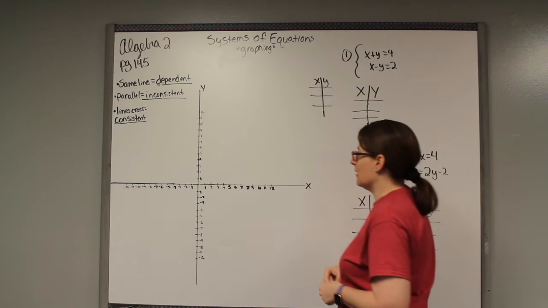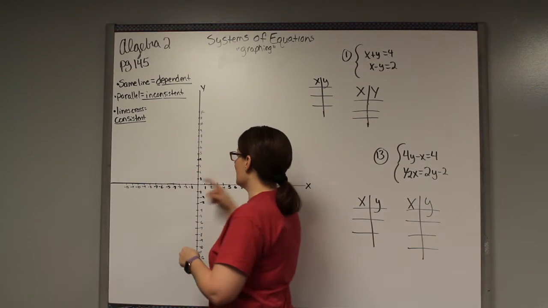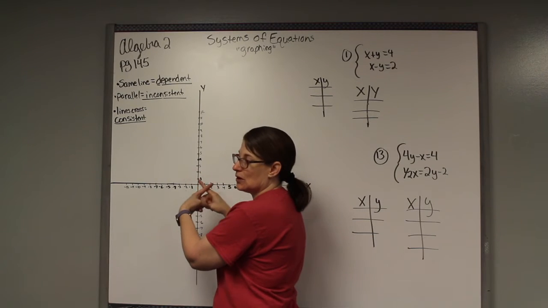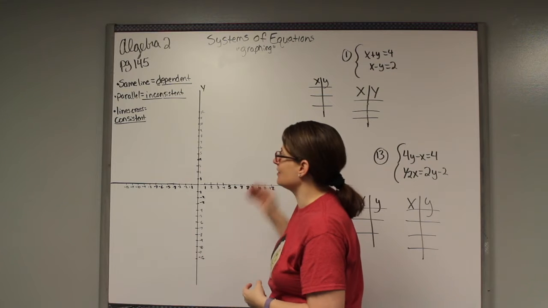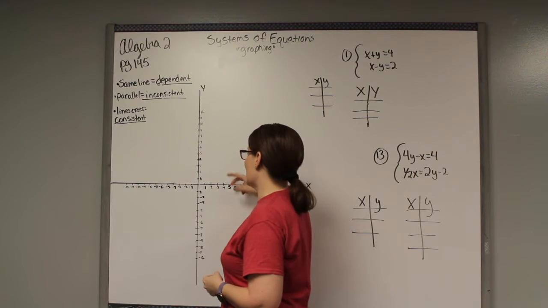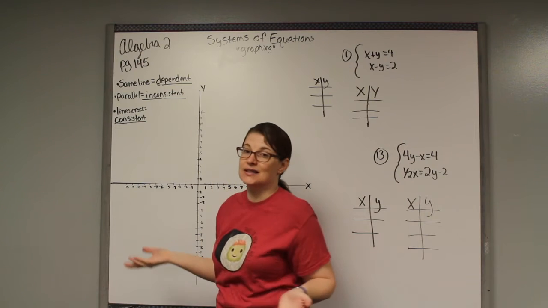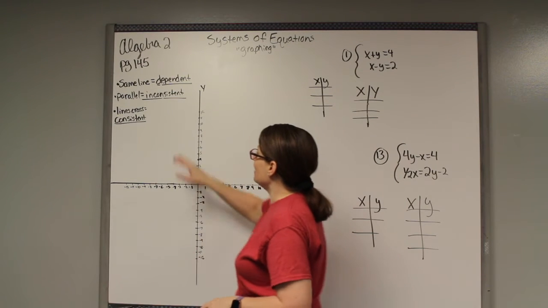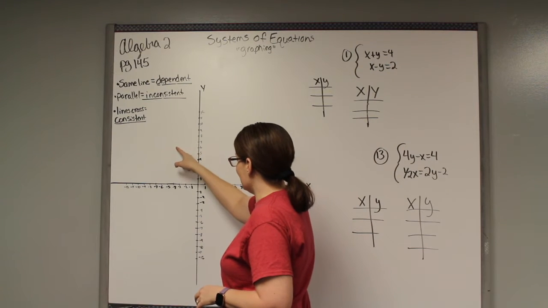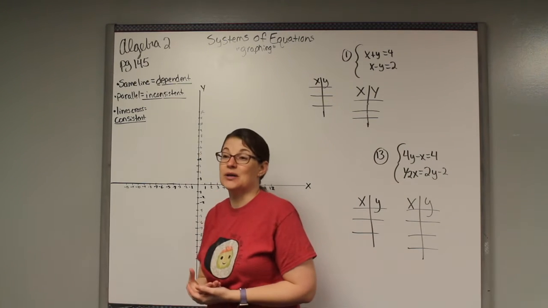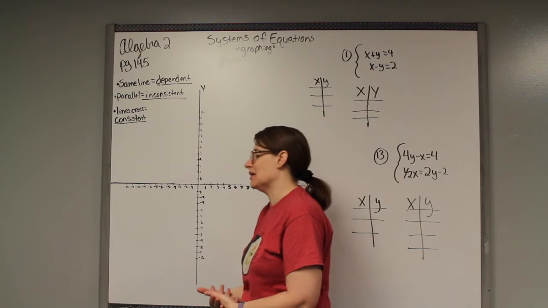If you find one that makes it true, it's called consistent, and if you graph it, the lines will cross and make an X, and that point where they cross is the answer. If the lines are parallel and they will never cross, it's called inconsistent, and you're not going to get an answer. And if you draw one line and the next line is right on top of that, that's called dependent, which means it's the same line. Again, you're not going to get a cross, so you write dependent.